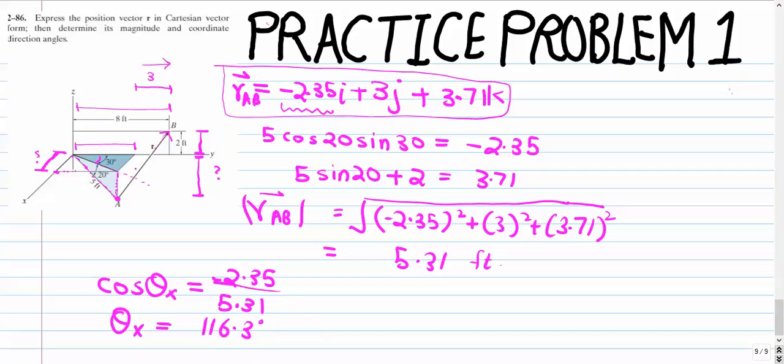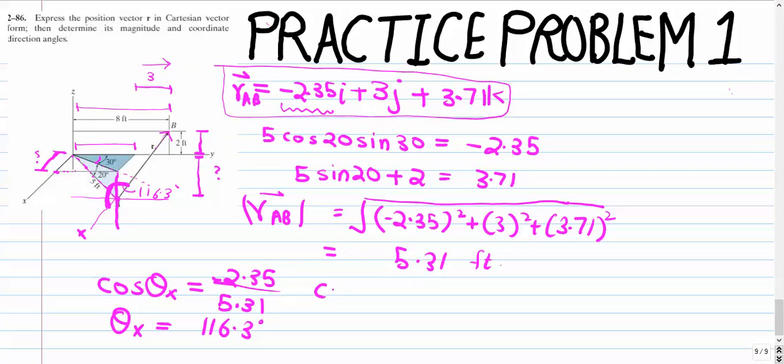Now marking this angle on the diagram just for the sake of clarity, we can see that this angle is the angle that starts from the x-axis and goes to the vector. So this is the angle which connects the vector with the x-axis, and it is 116.3 degrees.